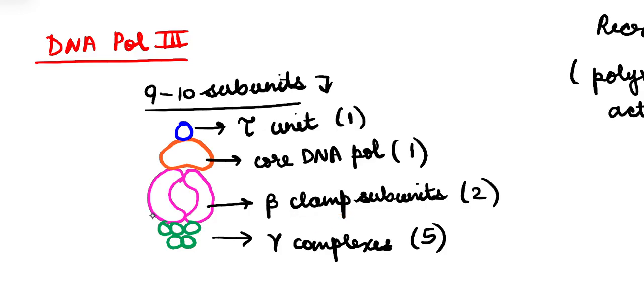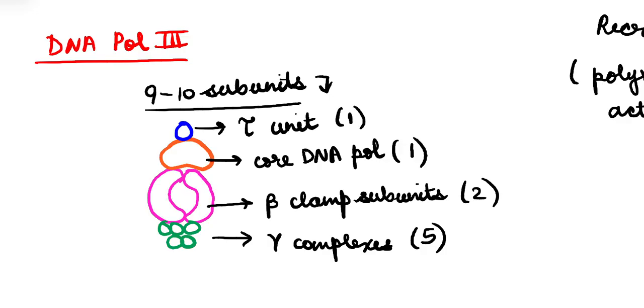As the name suggests, these will hold on or clamp the parental strand of the DNA so that the holding of that parental strand is done and the replication can take place smoothly. Then there are 5 to 6 gamma complexes which are attached at the base of the beta clamp. The main function of these gamma complexes is to open and close the two clamps so that the strand can be held on or left.